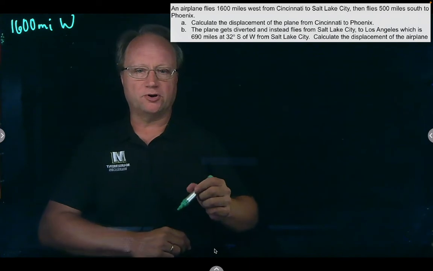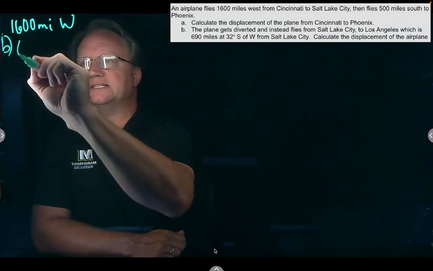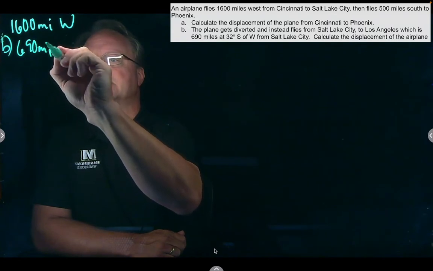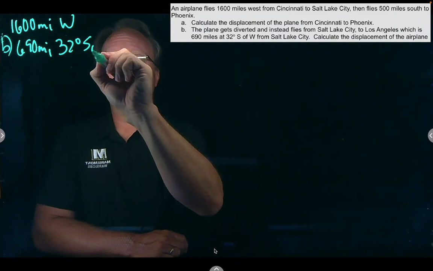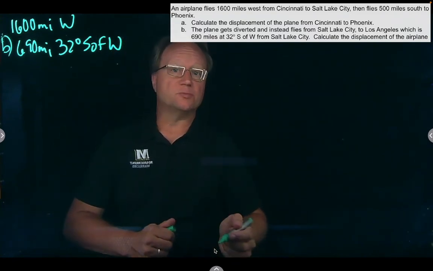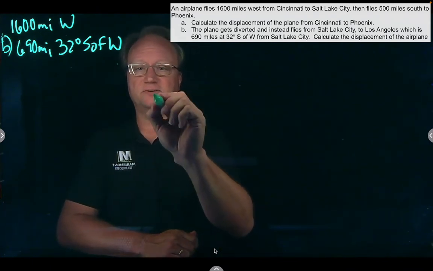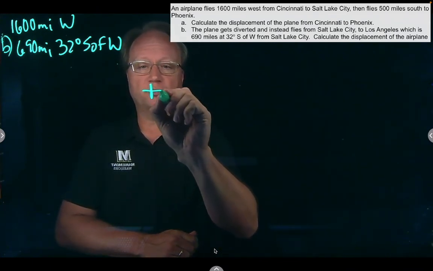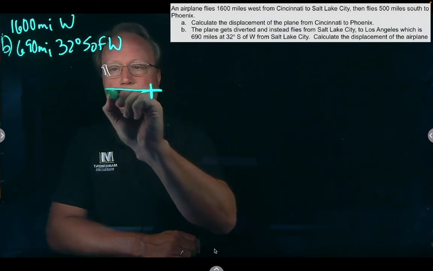And so now in part B, instead, we are going 690 miles, and that's at 32 degrees south of west. So now we're going to proceed in the same fashion. We're going to start by drawing the two vectors head to tail. So I'm going to draw my starting point, and then 1,600 miles west.